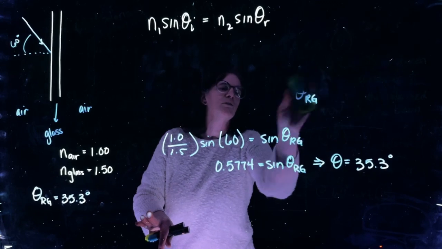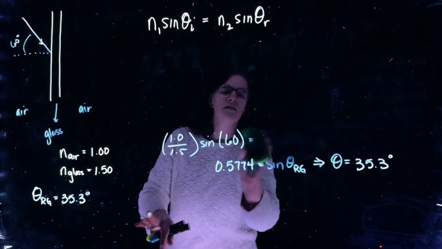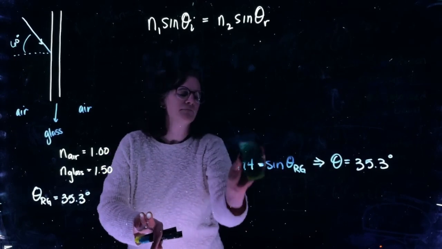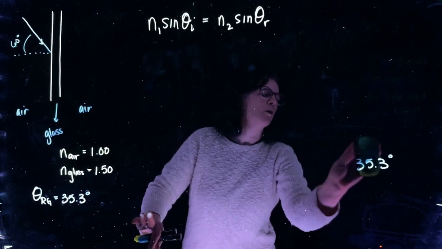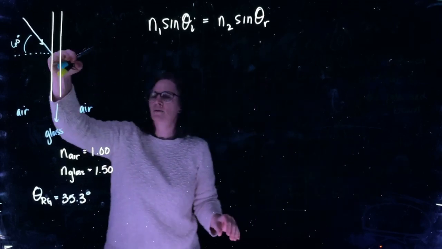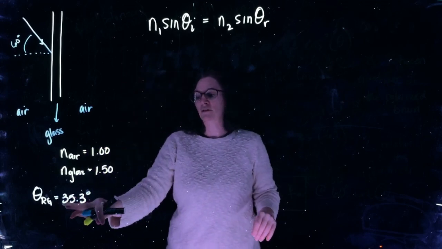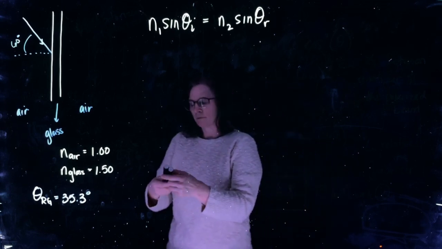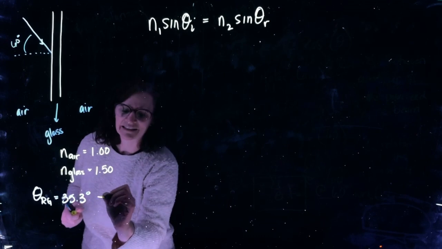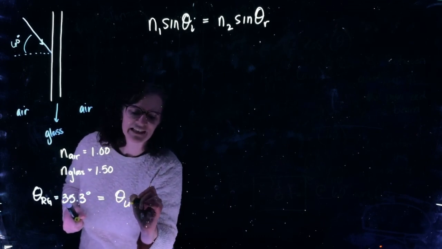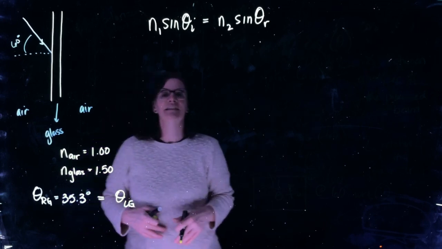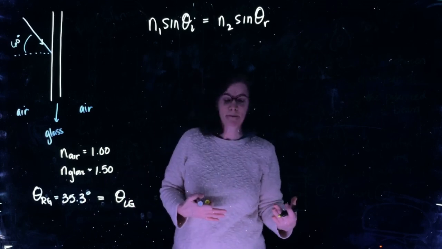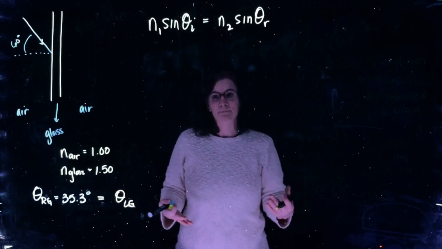Well, since the two sides are parallel and light travels in a straight line through a medium, using our geometry, we know that if the light ray in the glass is refracted and now has a refracted angle of 35.3 degrees, that refracted angle in the glass is equal to the incident angle in the glass as it exits. So now the light ray in the glass becomes our incident ray, and those angles are the same.